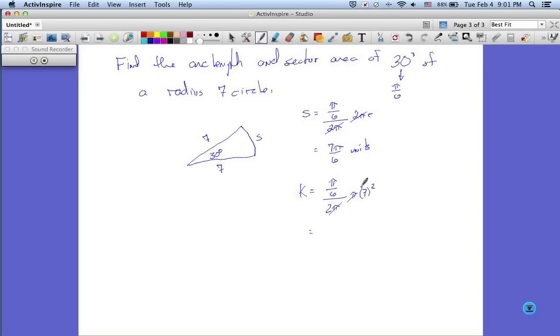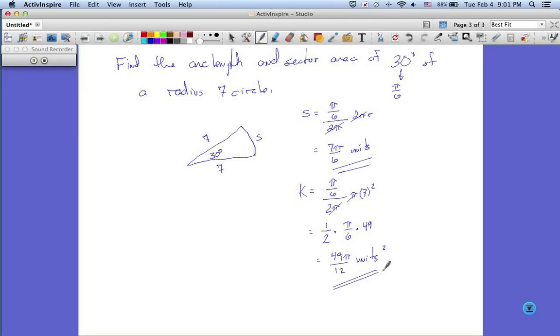Pi's cross out. Pi over 6 divided by 2 is pi over 12. Or you can think of it this way, 1/2 times pi over 6 times 7 squared, which is 49. So I have 49 pi over 12 units squared.